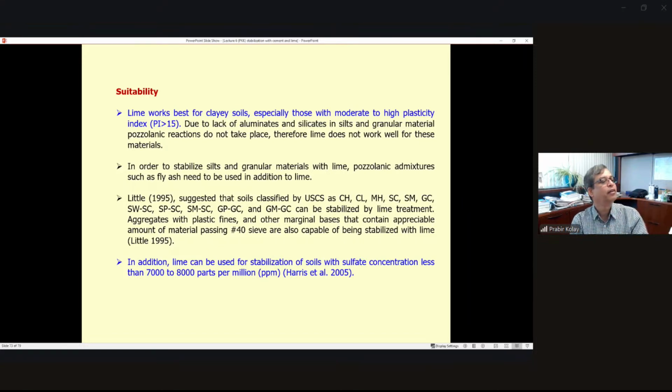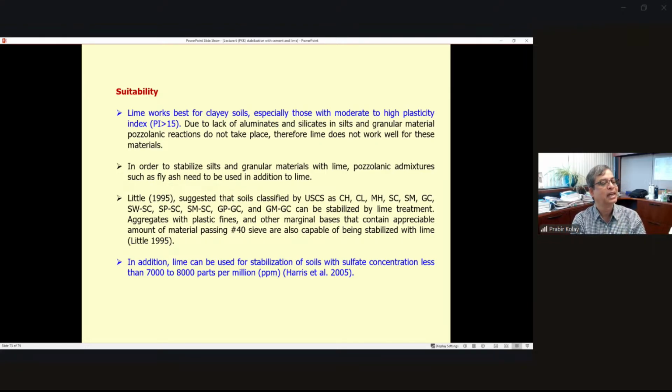On suitability, again, you need to check. Lime works best for clay, especially with moderate to high plasticity, plasticity index greater than 15. Due to the lack of alumina and silica in silt, pozzolanic reaction does not take place, therefore lime does not work well for the material. So granular material is not good.